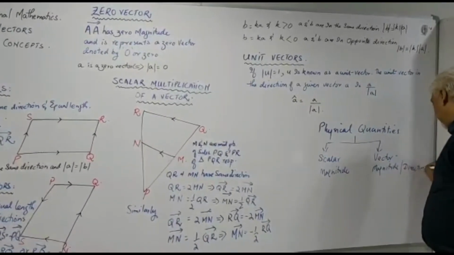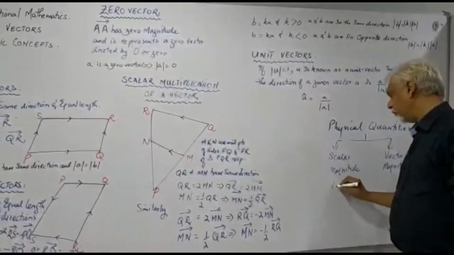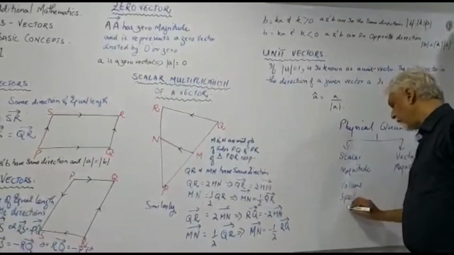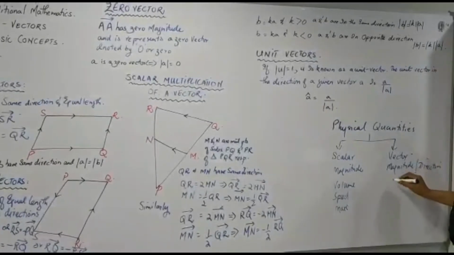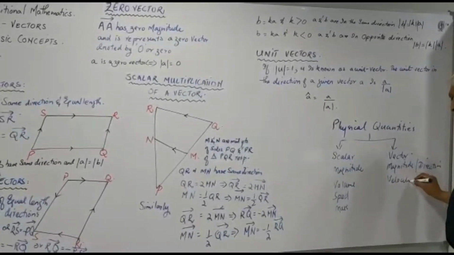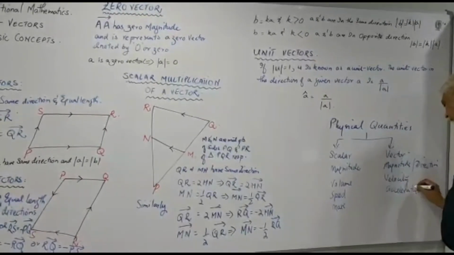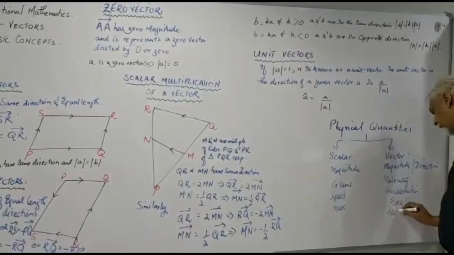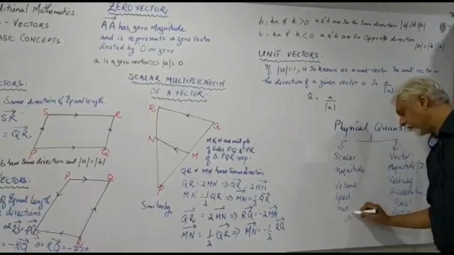For example, scalar quantities are volume, speed, mass, etc. And vector quantities are velocity, acceleration, force which acts in a particular direction. So displacement is a vector quantity, and distance is a scalar quantity.